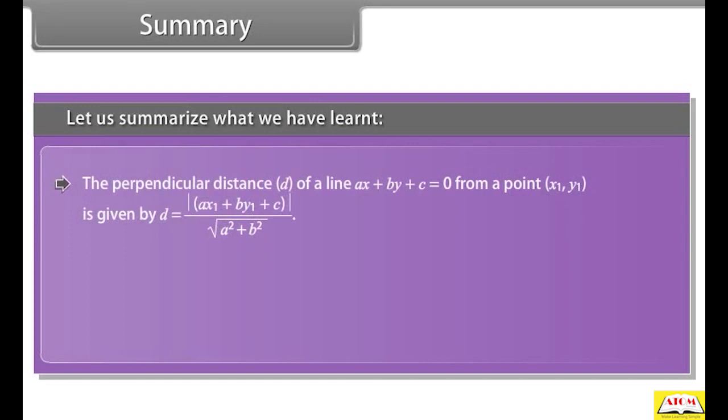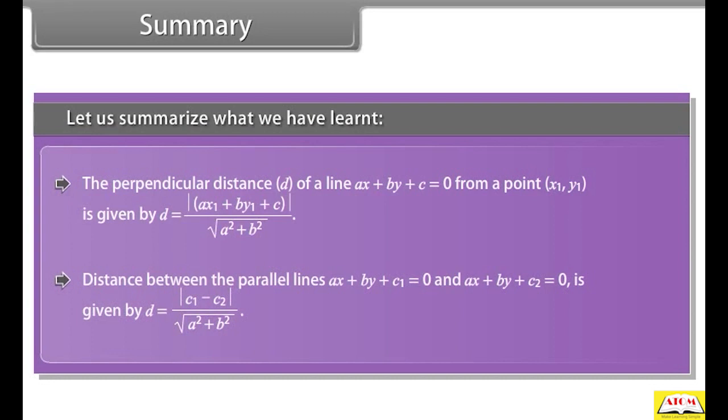The perpendicular distance d of a line ax plus by plus c is equal to 0 from a point (x1, y1) is given by the distance formula. The distance between the parallel lines ax plus by plus c1 is equal to 0 and ax plus by plus c2 is equal to 0 is given by the corresponding formula.